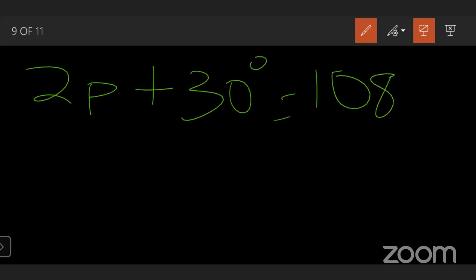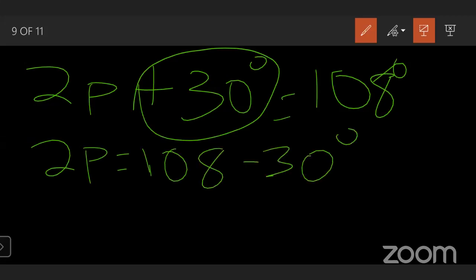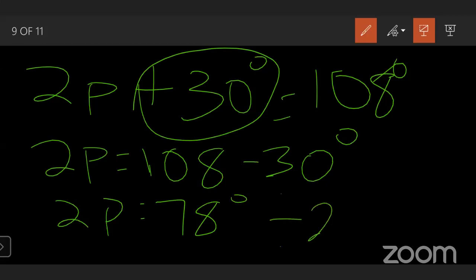So we can see that this is definitely positive. So we'll have our 2P equals 108, subtract 30 degrees. Our 2P equals 78 degrees, and then 78 divide by 2.